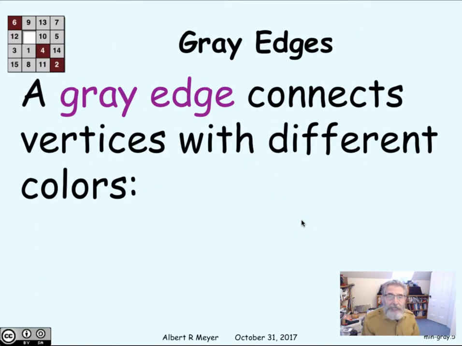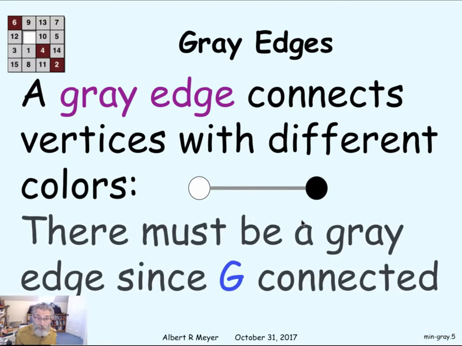Okay. Given such a coloring, a gray edge, as before, simply consists of an edge with different colored endpoints. That is, one end is white and the other end is black. Now notice there has to be such an edge because the graph is connected and there are vertices of two different colors. So there's got to be a path between the two vertices of different colors, and that means that there has to be a gray edge on the path in order to change from one color to the other.